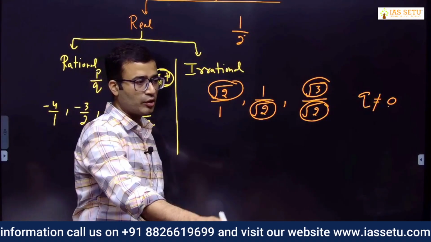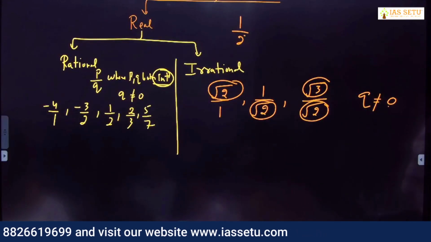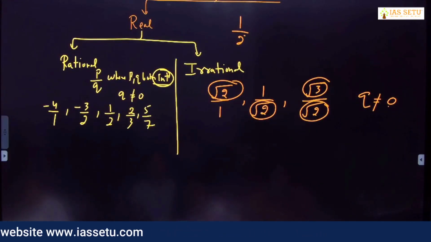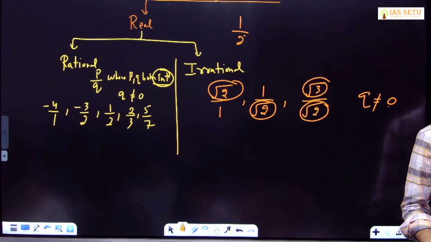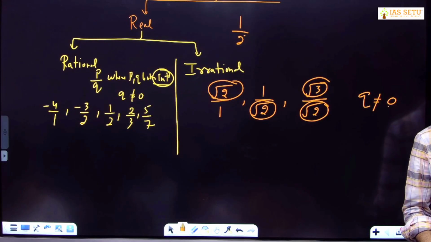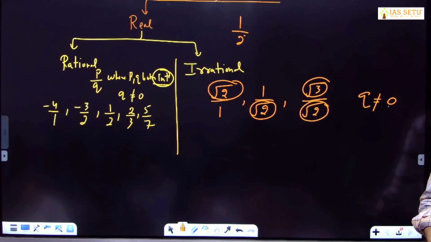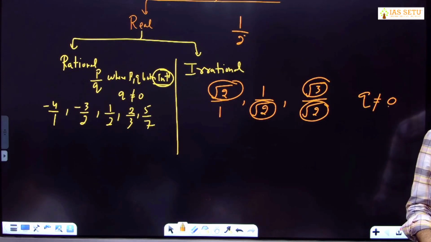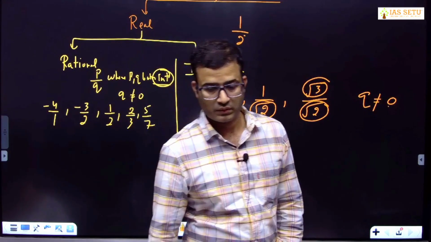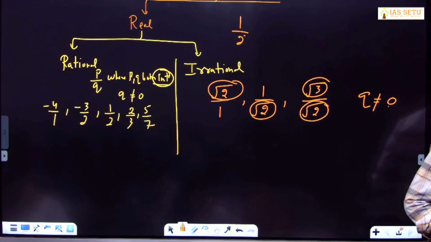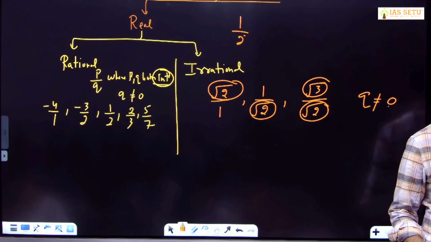So write this down first: what is the definition of irrational number? In case of irrational number, either numerator is non-integer, or denominator is non-integer, or both are non-integer.